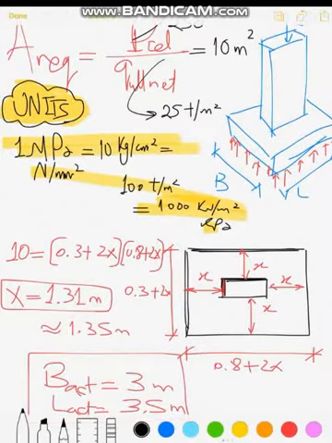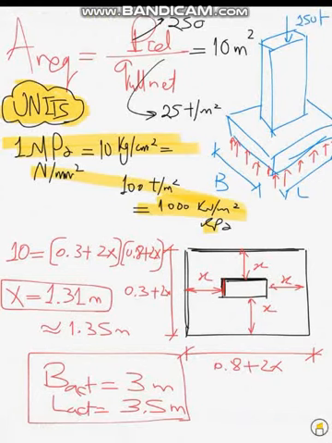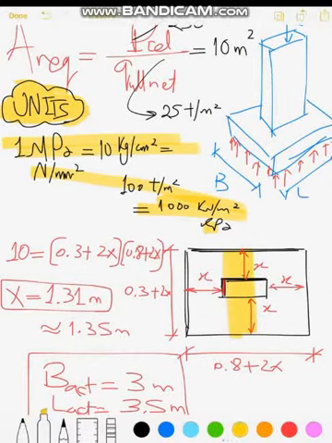as we have already done in the analysis of slabs in the reinforced concrete course. I can take a strip 1 meter right here, as you can see in the plan, or in the other direction.